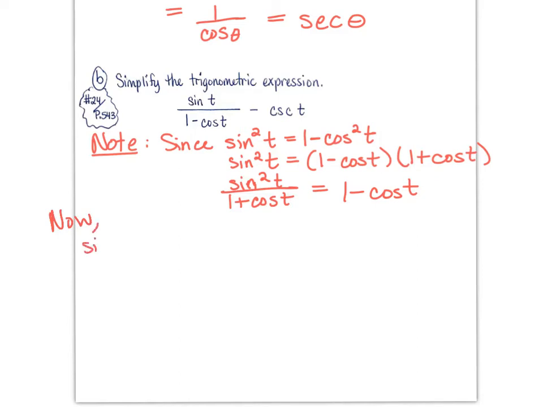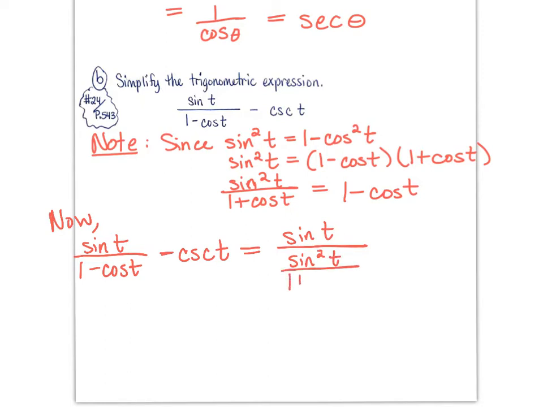So now sine of t divided by 1 minus cosine of t, minus cosecant of t, is equal to sine of t divided by sine squared t over 1 plus cosine of t, because remember this is equal to 1 minus cosine of t.